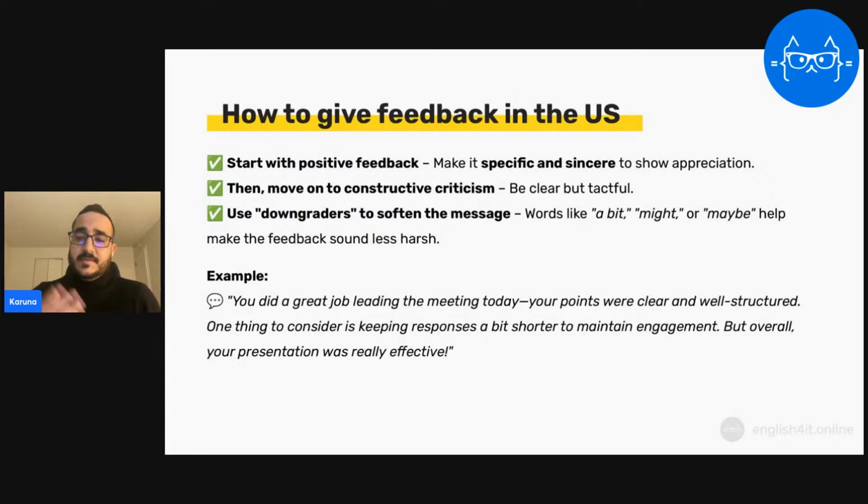If I scroll up in the chat, Anna wrote, "Not comfortable, but also I don't like sugarcoating." So there are cultures that don't really like the sandwich method of giving feedback. For example, the Dutch, right?